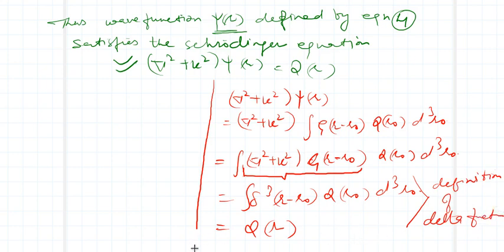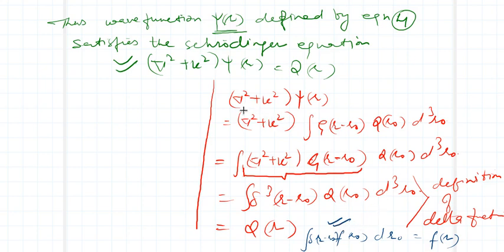The definition is that if we have f(r naught) delta(r minus r naught) and its integral over d r naught, it is always f of r, right? So this is a simple property of delta function which I am using here.